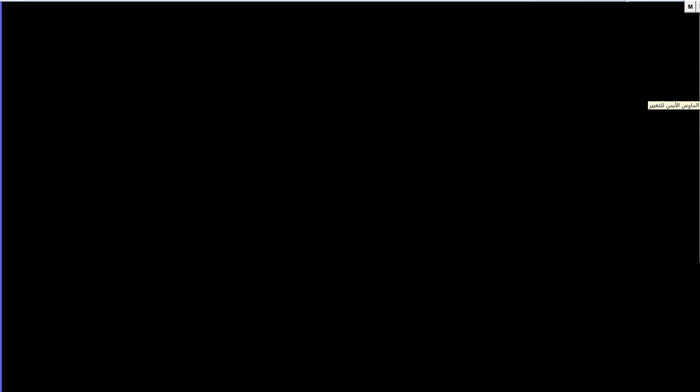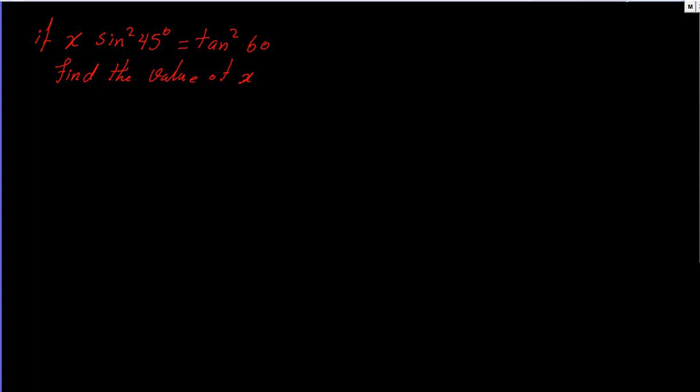Okay, next exercise. He asked me: if x sine squared 45 degrees equals tan squared 60, find the value of x. Okay, first it's x multiplied by sine 45. Sine 45 is 1 over root 2, squared, which is 1 over 2, equal to tan 60 squared.